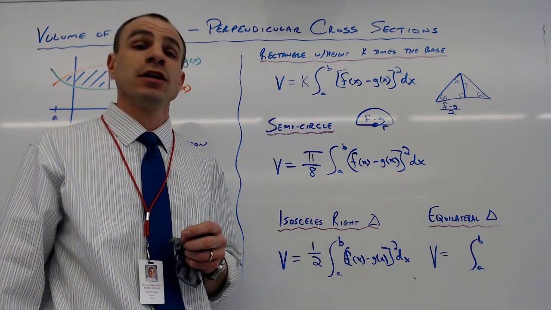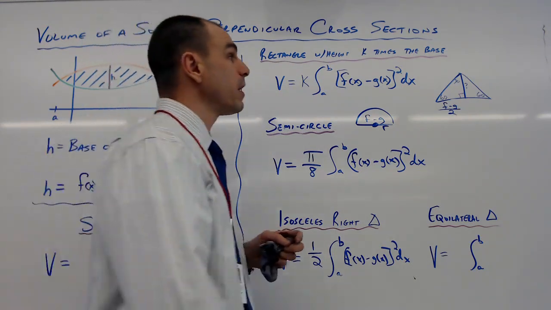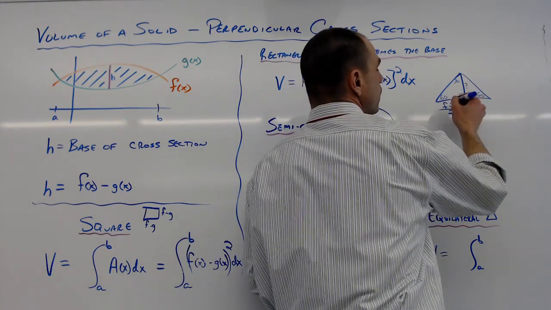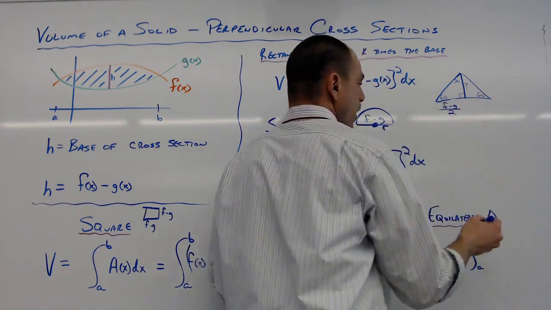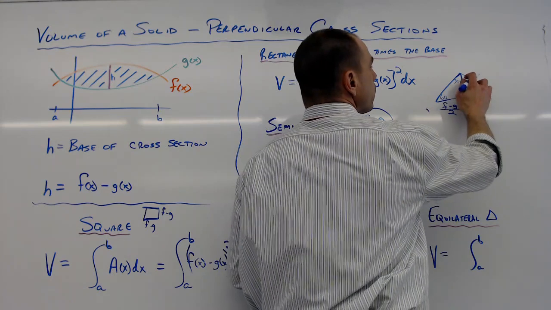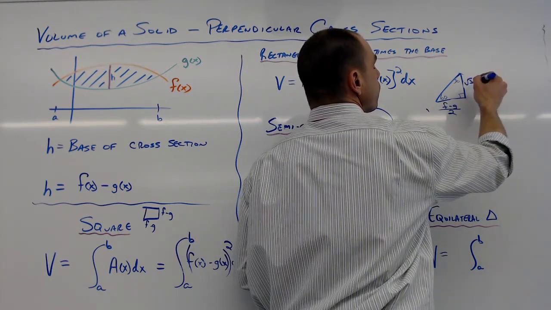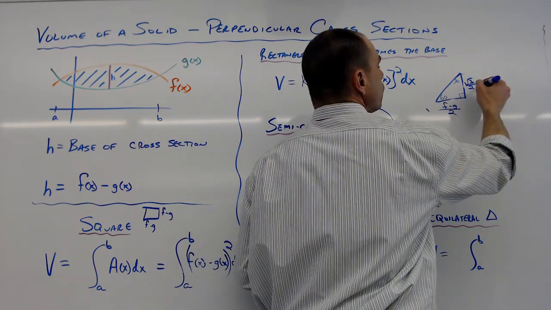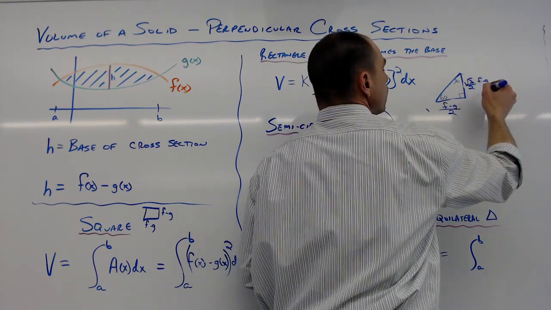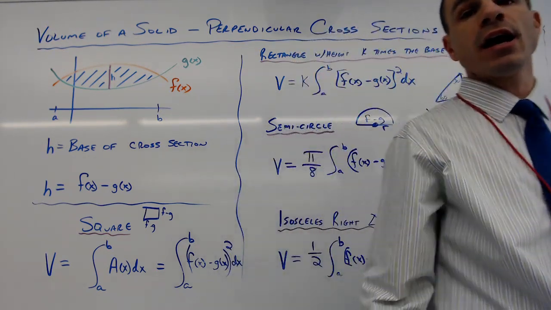So that's f minus g all over 2. And then, again, because 60 is radical 3 times that, I can have radical 3 over 2 f minus g. All right, that is going to be my height.